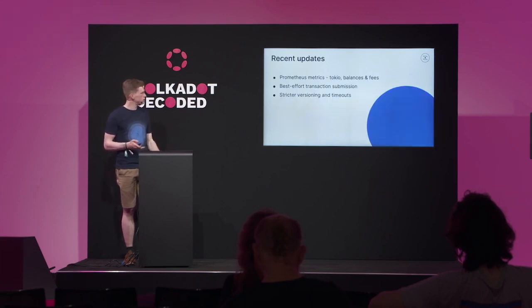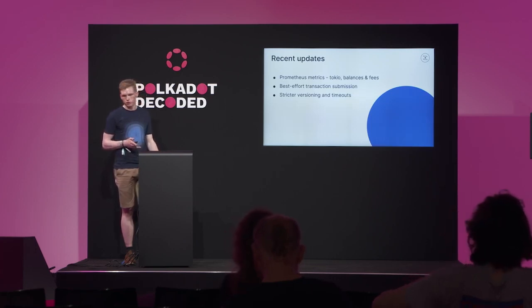We're doing some more interesting stuff at the moment. Like with Substrate, we're adding Prometheus metrics, so vault operators can monitor exactly what their vault is doing. We also have a new best effort transaction submission policy based on user feedback.